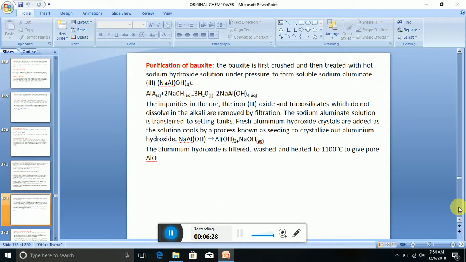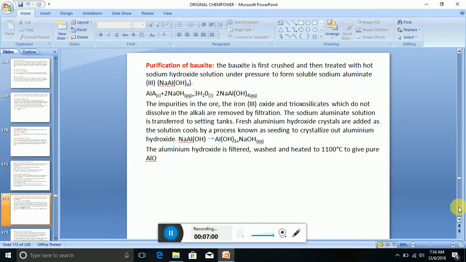Purification of bauxite. The bauxite is first crushed and then treated with hot sodium hydroxide solution under pressure to form soluble sodium aluminate. The impurities in the ore, the iron(III) oxide and trioxosilicates, which do not dissolve in the alkali, are removed by filtration.